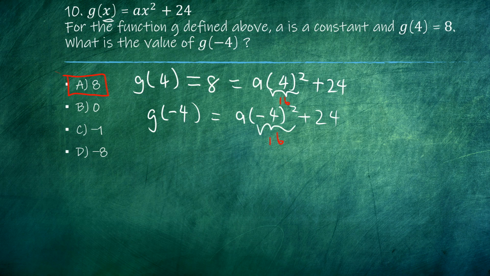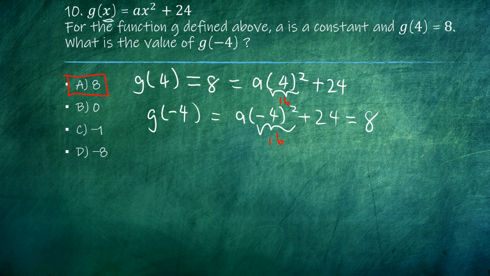So this whole expression, a times negative 4 squared plus 24, is actually the same as a times 4 squared plus 24, which we know from the question is equal to 8. So hence there's our answer.